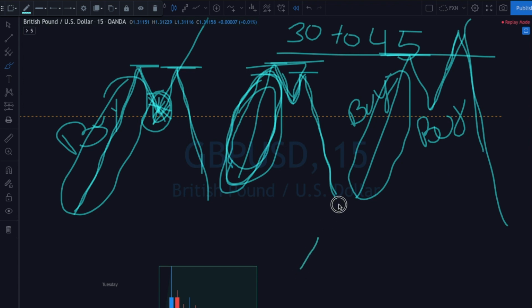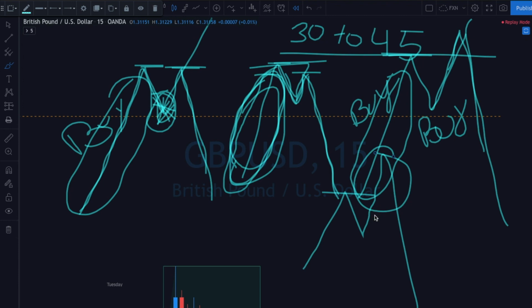You ever thought that you had an M formation like this and they went higher and then came down? Right? Well, that happens because they have a timer, right? 30 to 45 minutes. If it takes them longer than 30 to 45 minutes to do this, guess what? They're going to go up higher because they don't have what they need. Okay? And typically they'll go about 25 pips higher in general. 25 pips higher in one direction before they make another M.